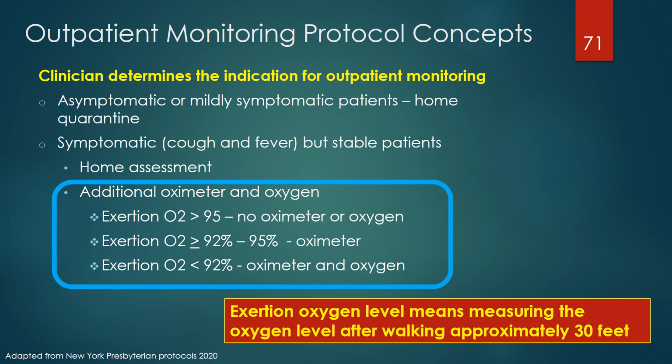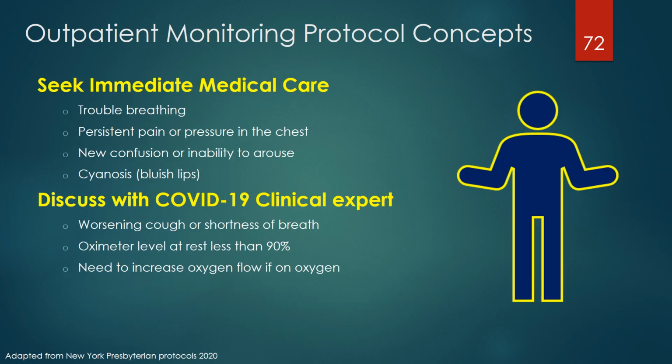With an exertion O2 greater than or equal to 92% to 95%, an oximeter would be recommended. With an exertion O2 less than 92%, an oximeter and oxygen source, like an oxygen concentrator, would be recommended.